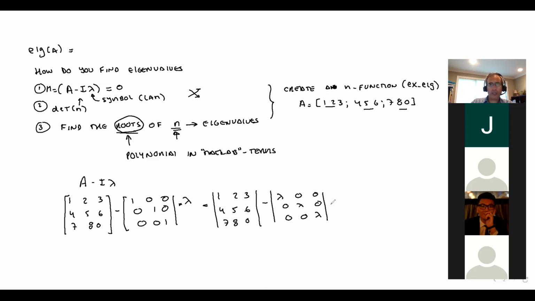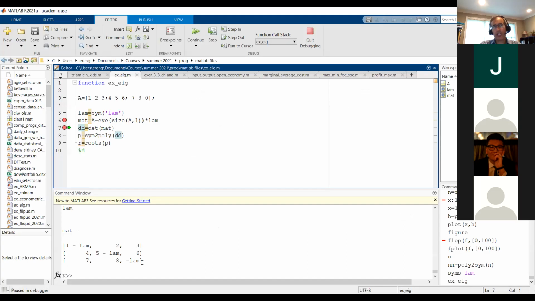So if I do this, this is going to be simply 1 minus lambda, 2, 3, 4, 5 minus lambda, 6, 7, 8, and minus lambda. Do you agree, guys? This is A minus identity matrix times lambda. So this is this one here. If we take a look at what we have in MATLAB, this is what we have.